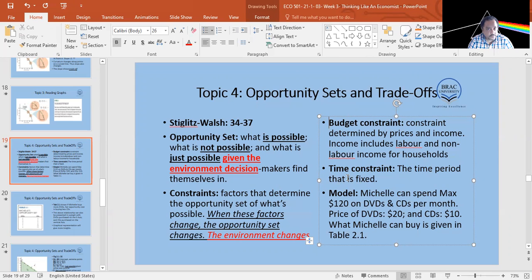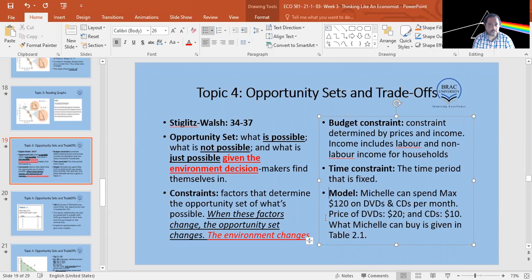The model that we will look at initially is the model of the CDs and DVDs of Michelle. So, given her budget constraint and the prices of the goods, Michelle can spend $120 on DVDs, or she can spend $120 on CDs.